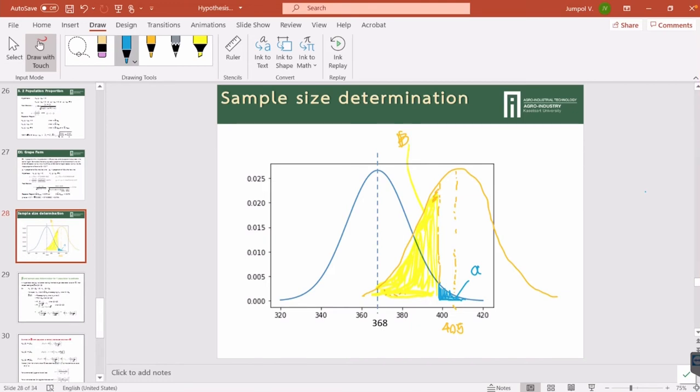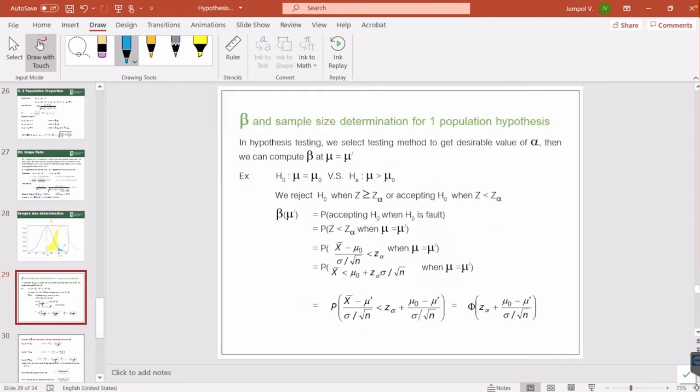Theoretically, we want small alpha and also small beta to reduce the chance of type 1 and type 2 errors. How can the number of samples be related to the size of these? Let's move on to the next slide, and we will eventually see it.